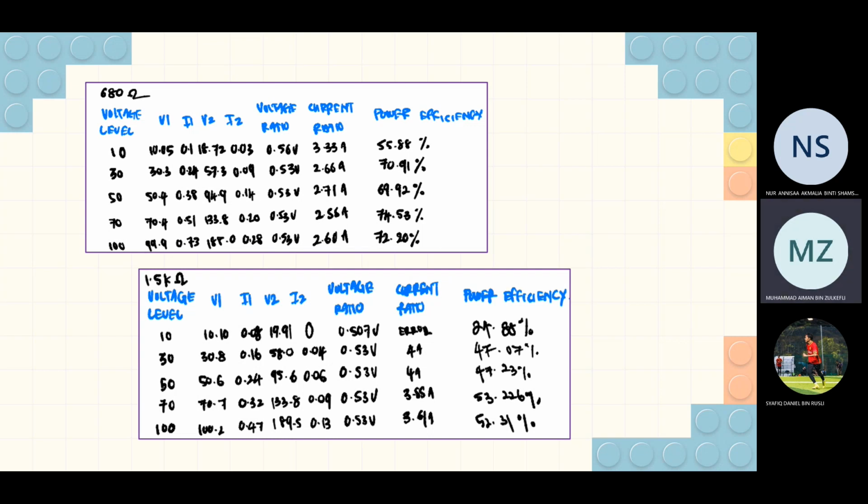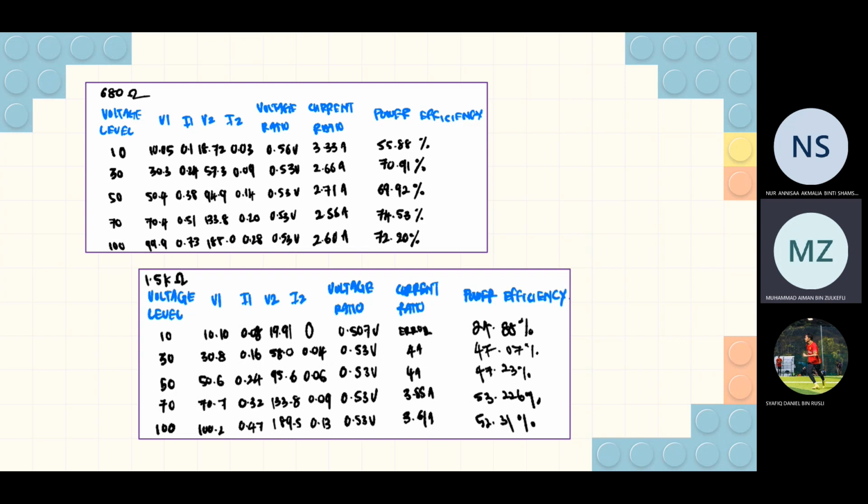Voltage ratio we get 0.507, and for the current ratio we get an error, because when we measure I2, which is the current output, the value is 0. So we assume that we get 0 because of the losses when the transformer is working.